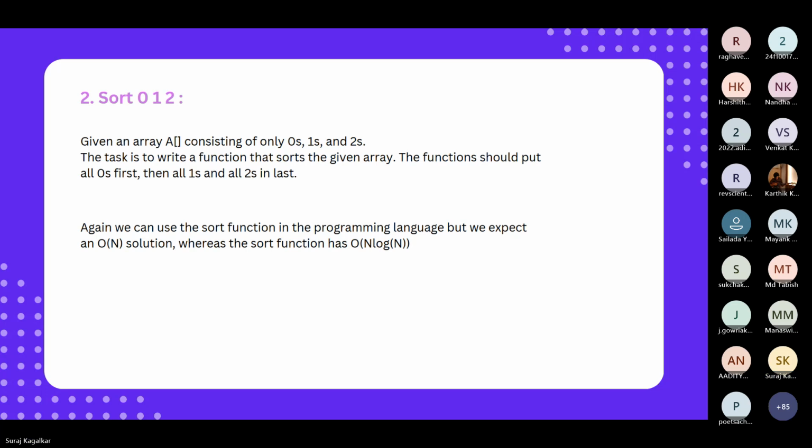But what would you do? Okay, let me just give you a hint. I lied a bit. This is not technically a two-pointer problem. It is a three-pointer problem with pointers as low, mid, and high. Can you think of something now?